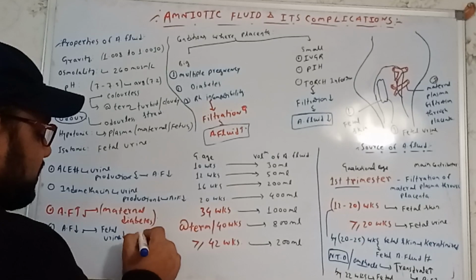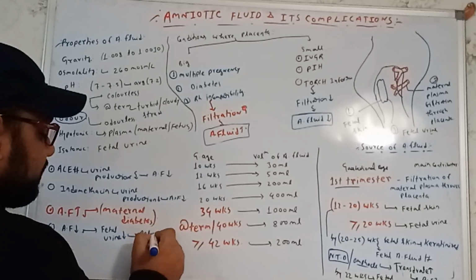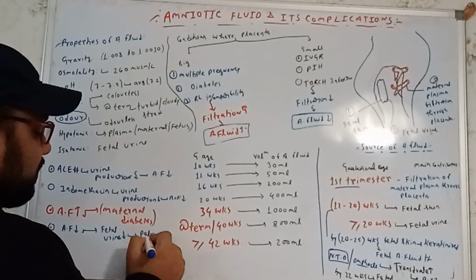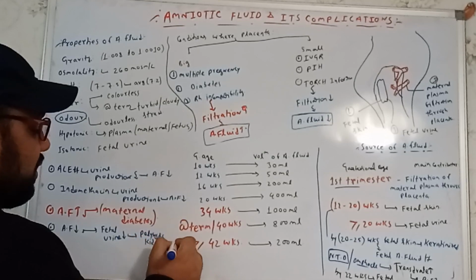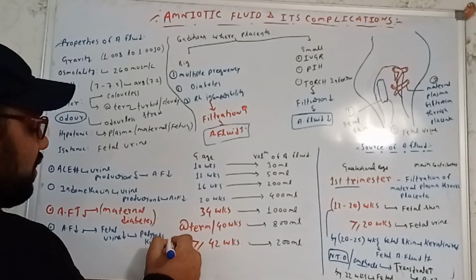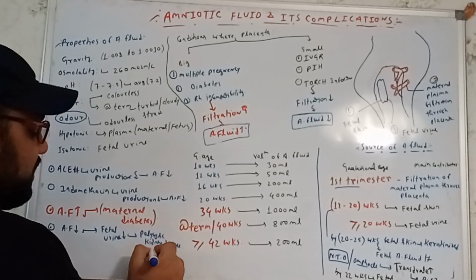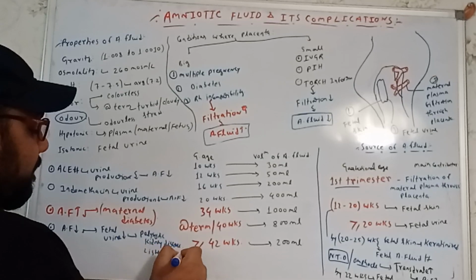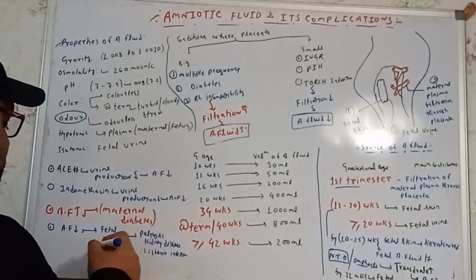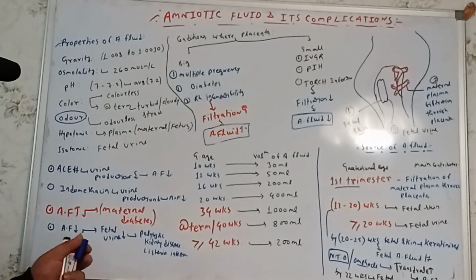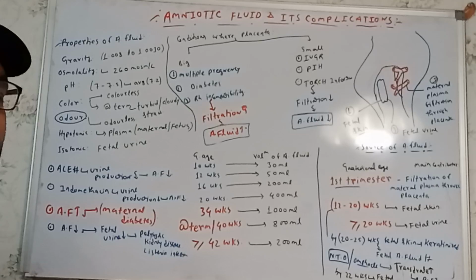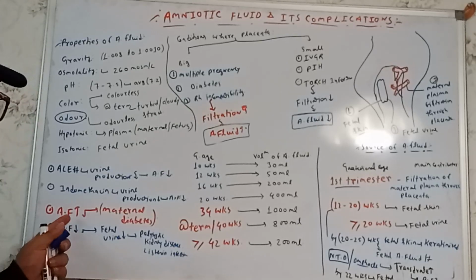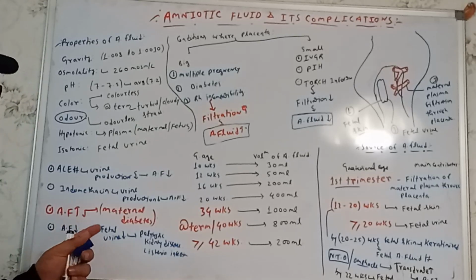We can see it in polycystic kidney disease. For example, you can also see it in the Listeria infection. So in these conditions, the amniotic fluid will be less because there will be less urine production.